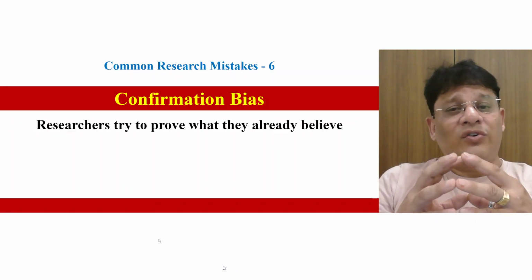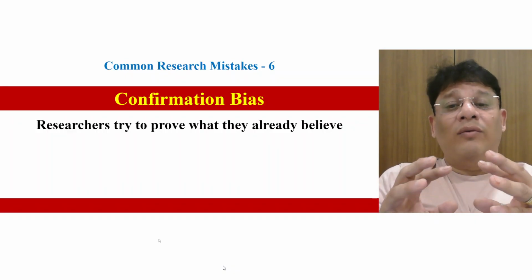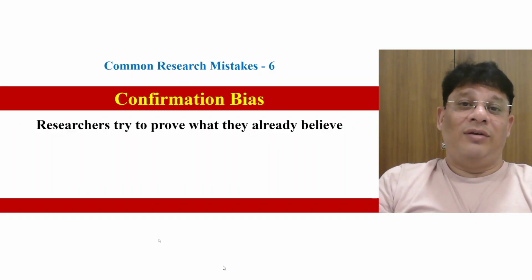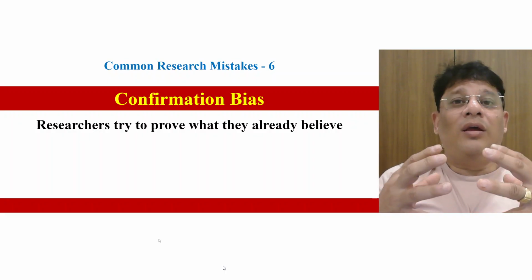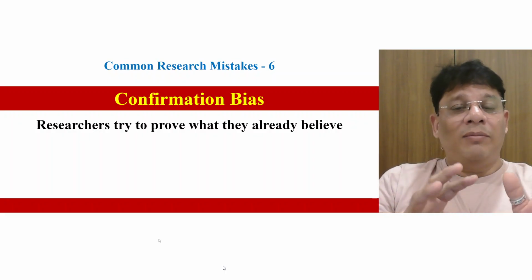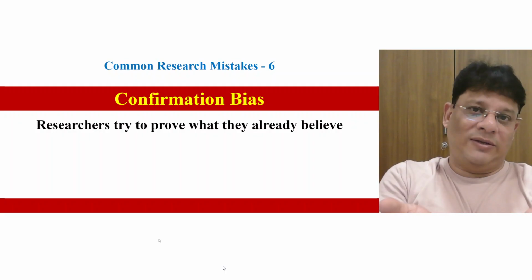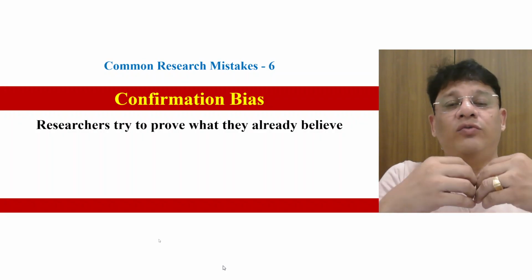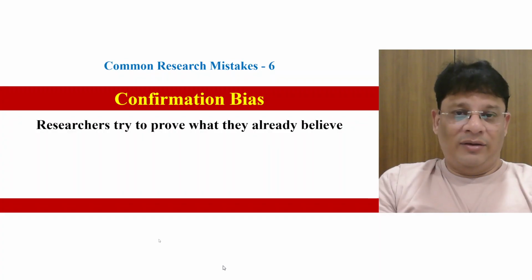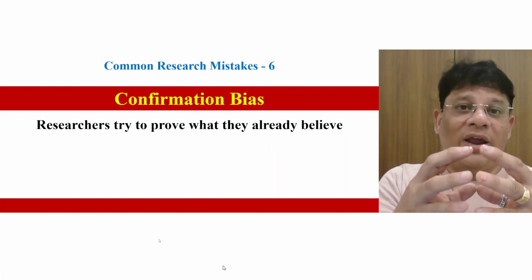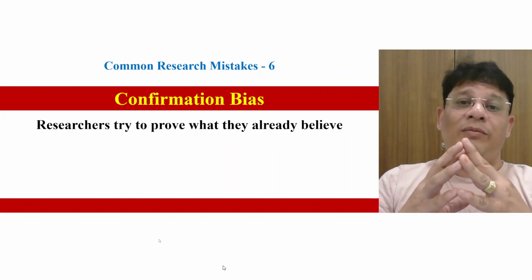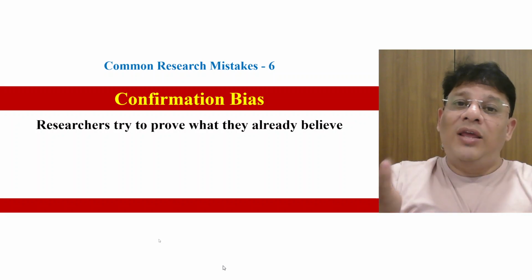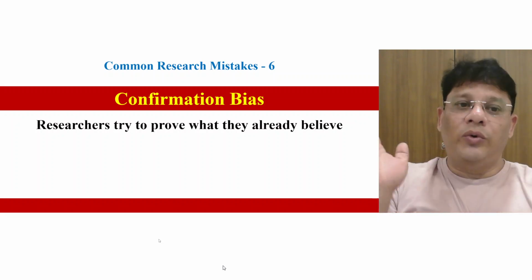So the researcher tries to prove what they already believe, and this is not right. You may believe something, but your data is saying something else. Your research is not what you believe, your research is what your data is saying. So focus more on that instead of going for confirmation bias, where you believe something and want to prove it. Don't do that.